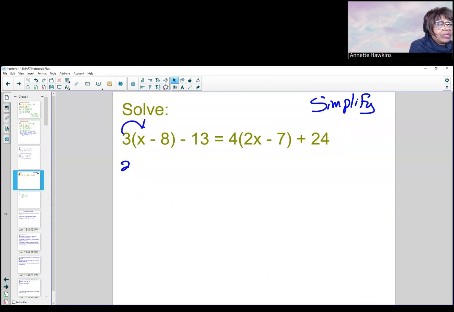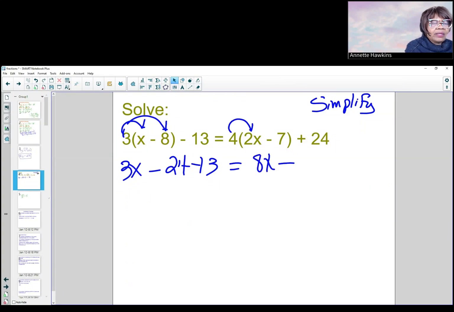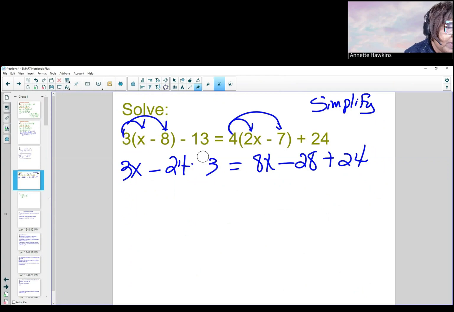3 times x is 3x minus 3 times 8 is 24 minus 13 equals 4 times 2x is 8x minus 4 times 7, which is 28, plus 24. Now, I want to make sure that I keep my signs straight tonight because I did make a mistake last week. So 3x minus 24 minus 13. Now that I have removed the parentheses, I want to add like terms on the same side.